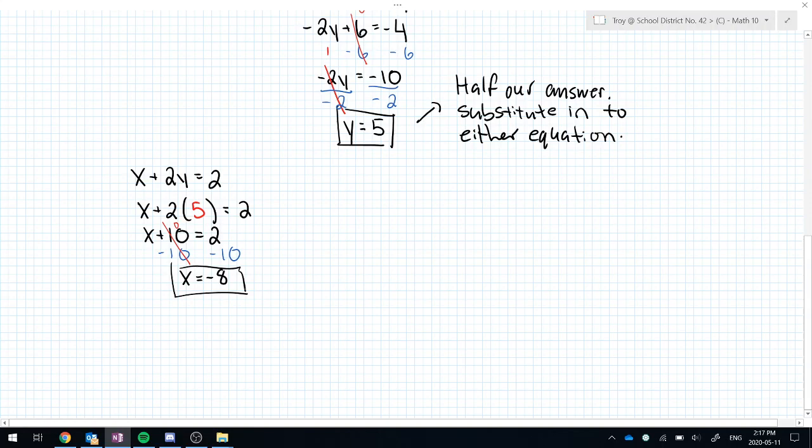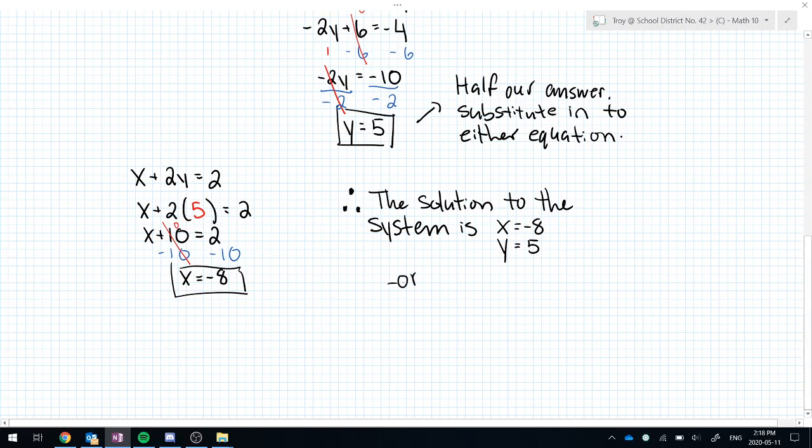Okay. So we can say, therefore, the solution to the system is x equals negative 8 and y equals 5.